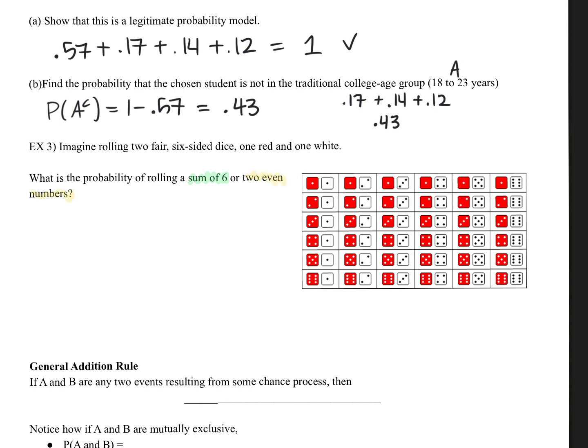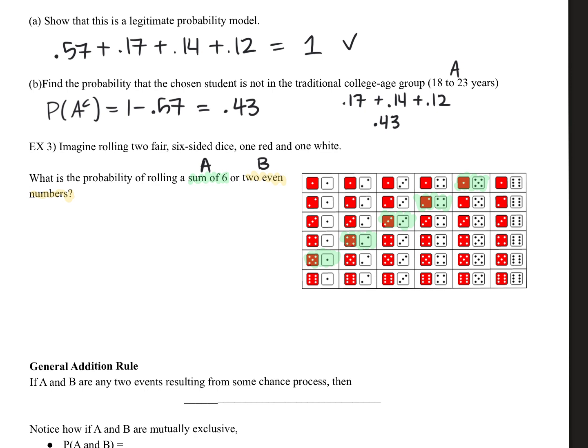So I'm going to let my sum of 6 be event A and my 2 even numbers be event B. So for a sum of 6, you can do 5 and 1, 4 and 2, 3 and 3, 2 and 4, 1 and 5. Notice how sums go diagonal in a table, which makes life very easy.